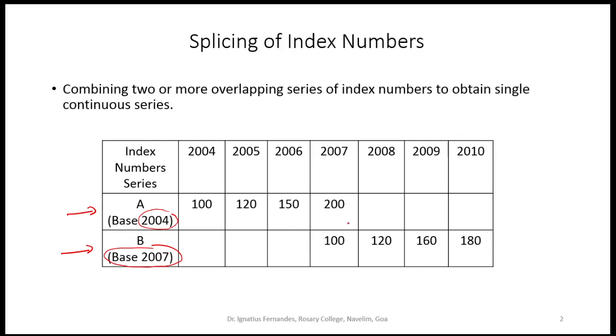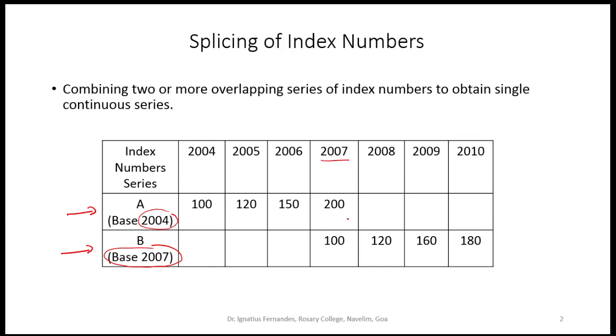So we have two series of index numbers, but for some reason, for comparative purpose, I want to combine both these series with the same base. So either all index numbers with 2004, or all index numbers with base 2007. Let's say I want to compare 2010 with 2004, but for 2010 this index number is with base 2007.